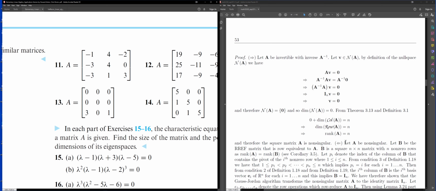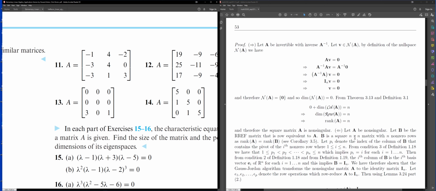Now, given it is non-singular, to show it's invertible, this is the only direction that I will look at. If you're interested, you could look at the other direction, but let's look at this direction here: if A is non-singular, then it is invertible.